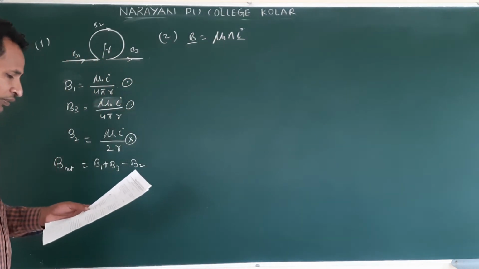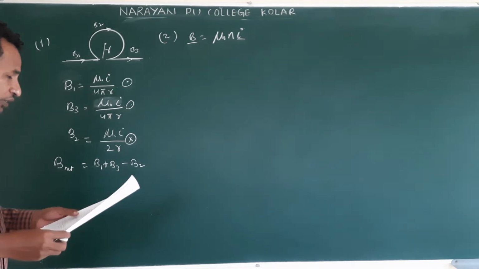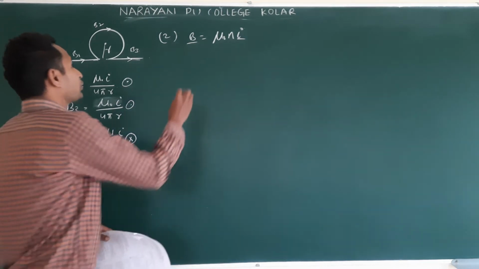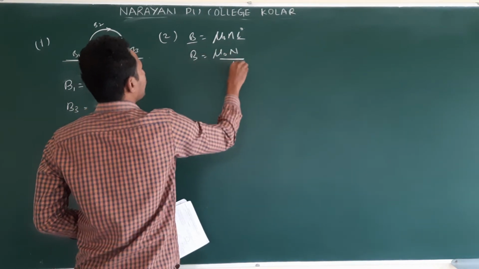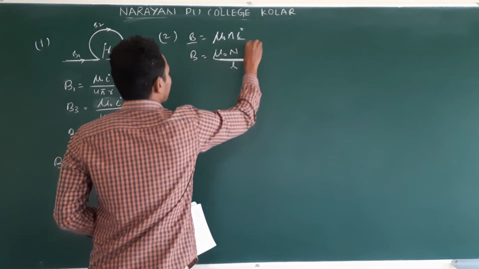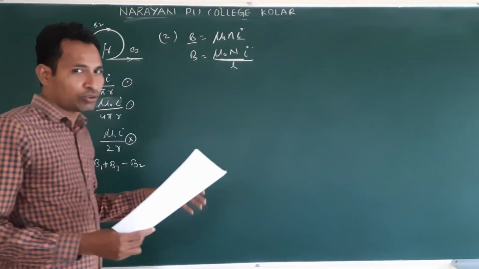Okay? Clear? Next, third one. Based on the options, you need to select C, mu naught N by L; you can also write it. That also you can compare, but that's not required according to the options.